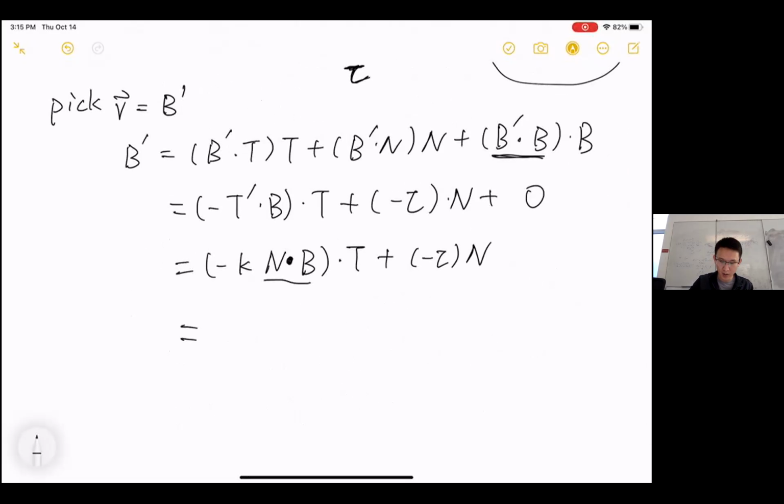So this dot product in the first term is also 0. So it is gone. All we are left with is negative tau times N.